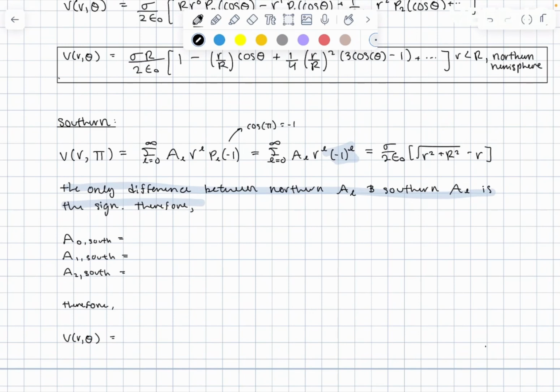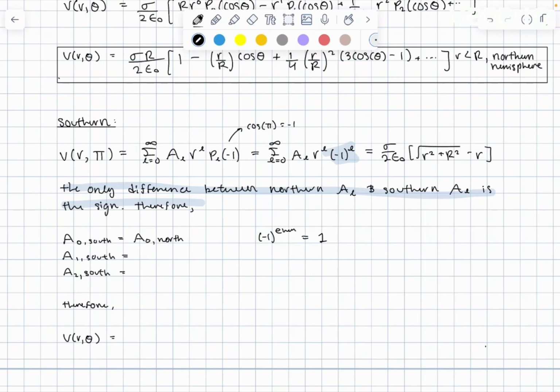So for odd, only odd is going to be affected, right? Because -1 to any even is going to be equal to 1, right? So only our odd terms will be affected. So you can say A0 of south is just going to be the same as A0 of north.